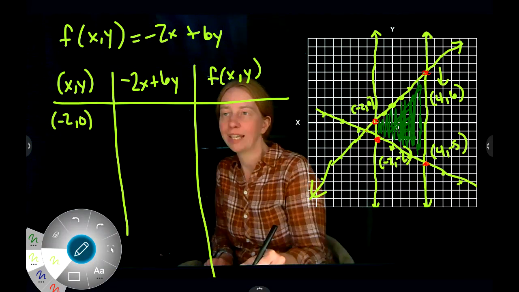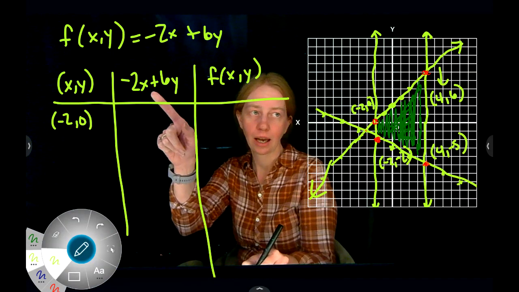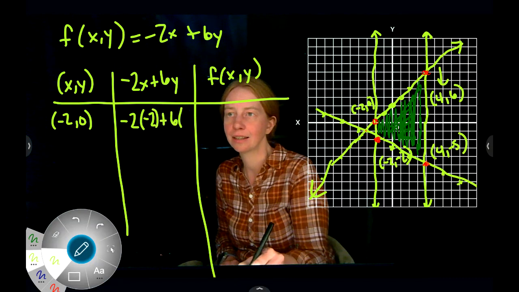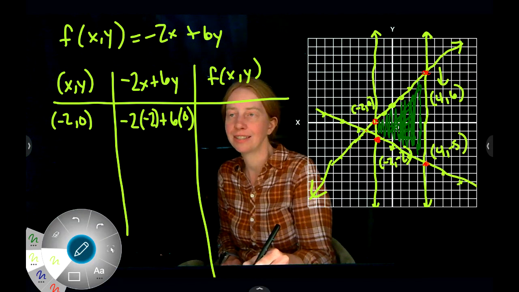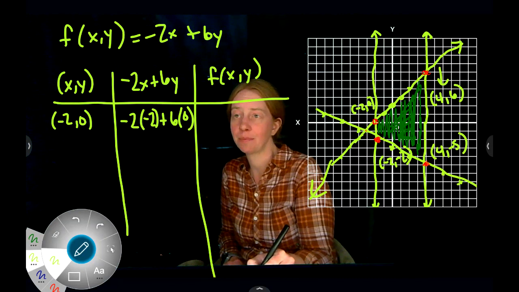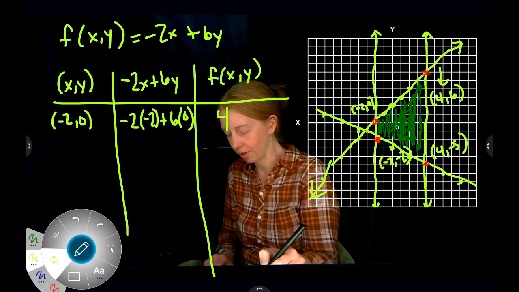In this equation, I'm going to plug in the X and the Y. So -2 times X, which is -2, plus 6 times Y, which is 0. So this is -2 times -2, that's 4, plus 6 times 0 is 0. So this is 4.